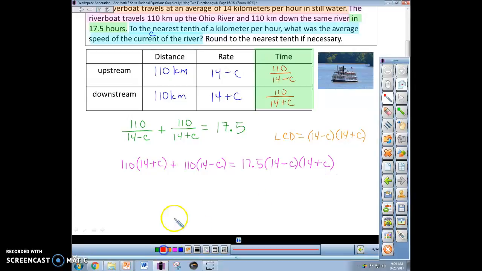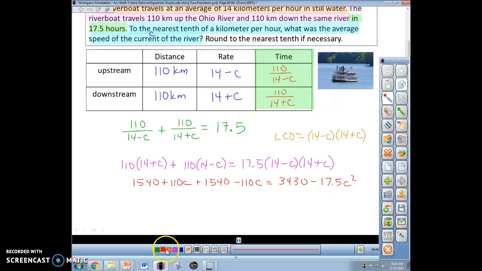Multiplying this all out, we here would get 1,540 plus 110C plus another 1,540 minus 110C equals 3,430 minus 17.5C squared.